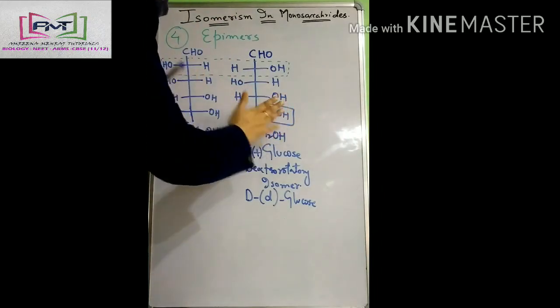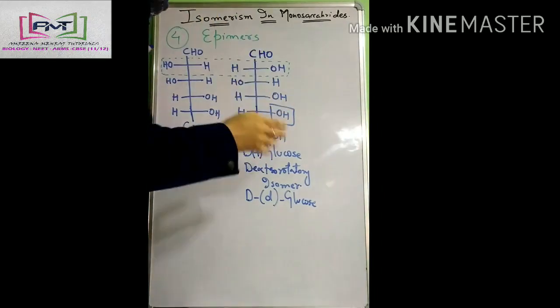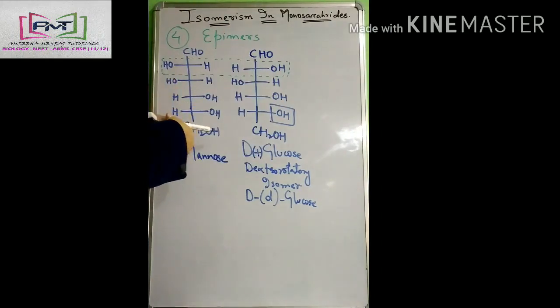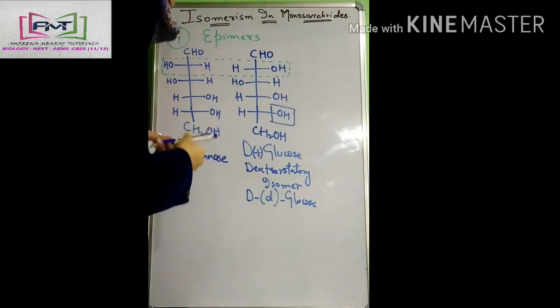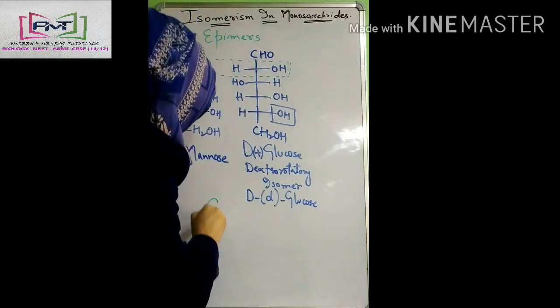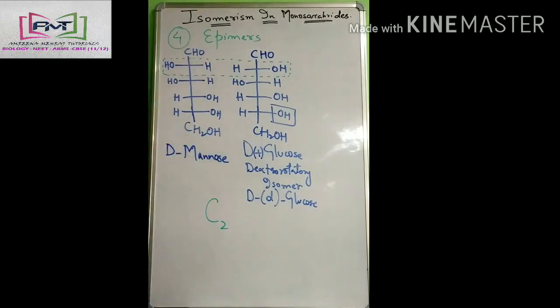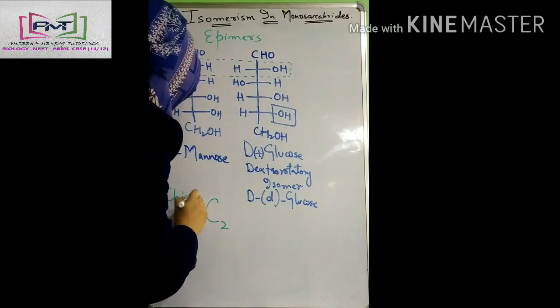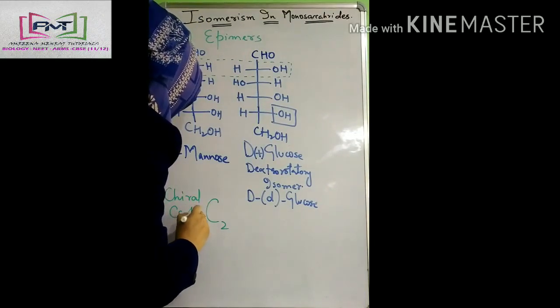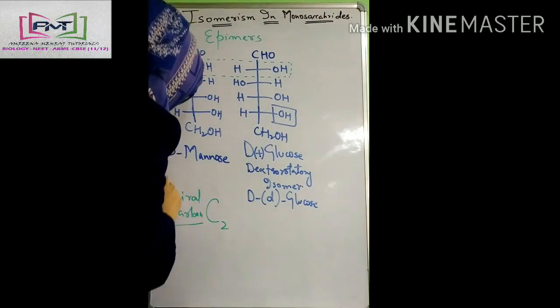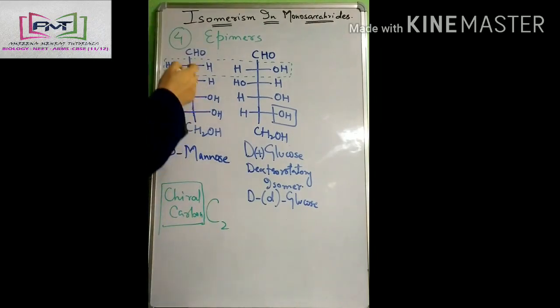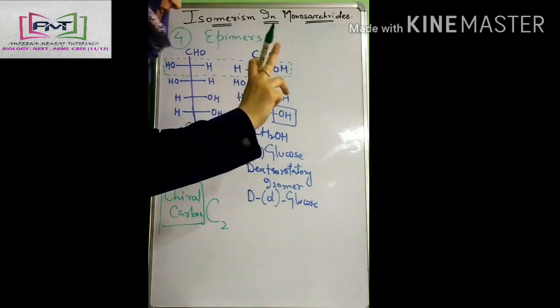Are they the same? They're absolutely the same. They only differ around one carbon. So what is the difference point? The difference point is carbon number 2. They are differing at this. So out of 4 chiral carbons, you have 1, 2, 3, 4 chiral carbons. These 2 compounds are differing only at 1 chiral carbon.